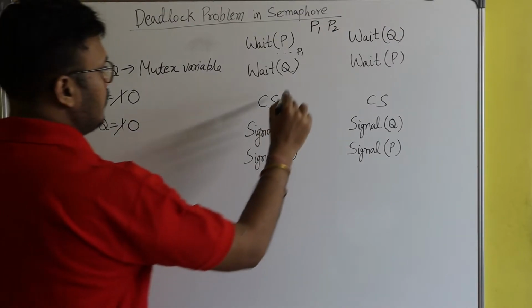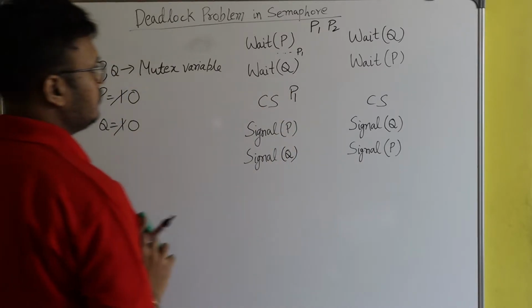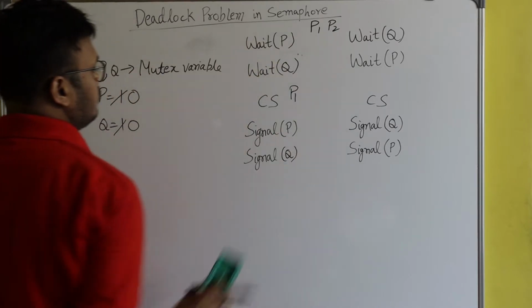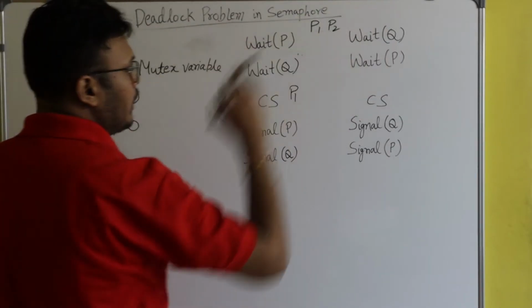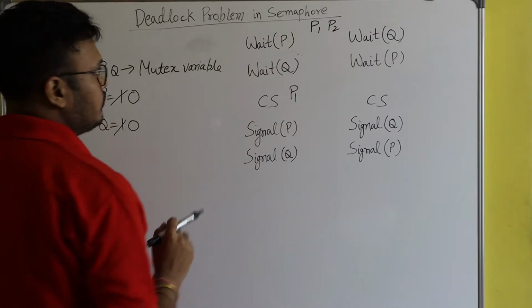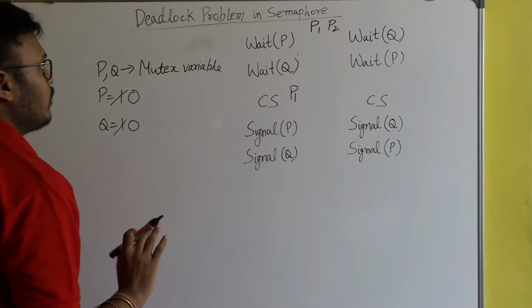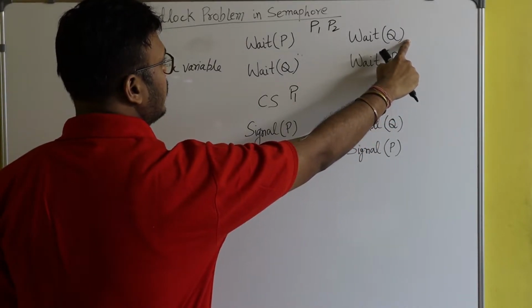And now P1 is ultimately inside the critical section. At this time, if P2 tries to enter the critical section, then definitely P2 won't succeed. Why? Because here we can see that Q is 0.